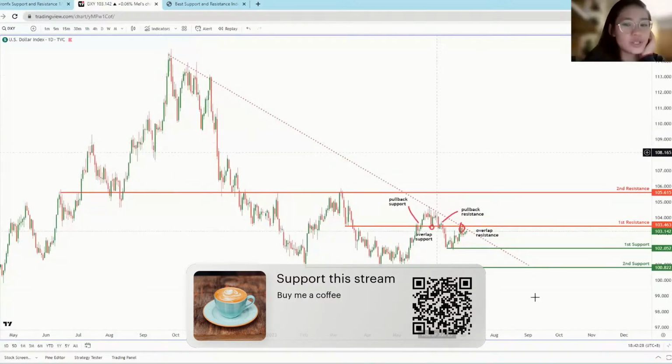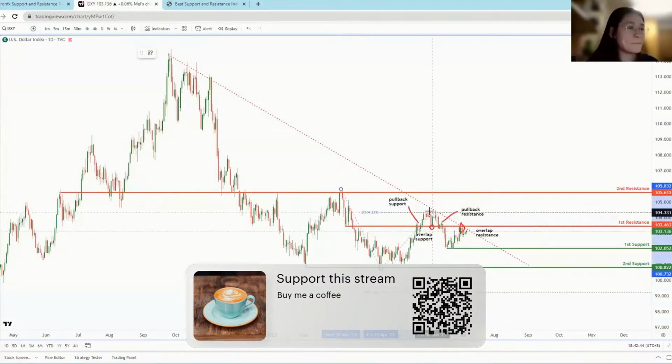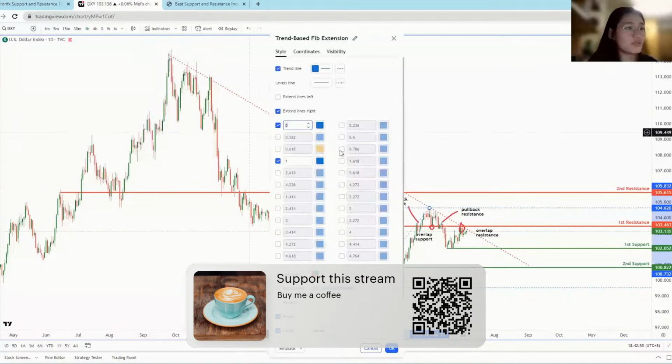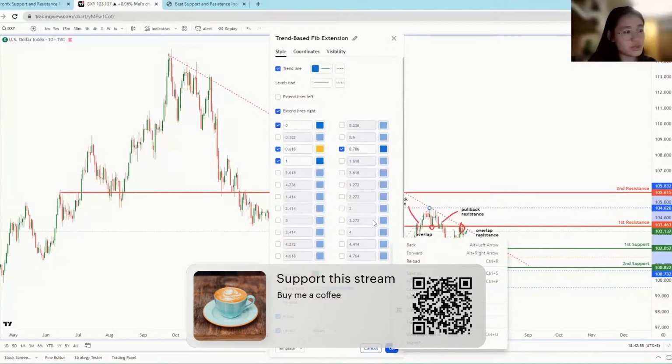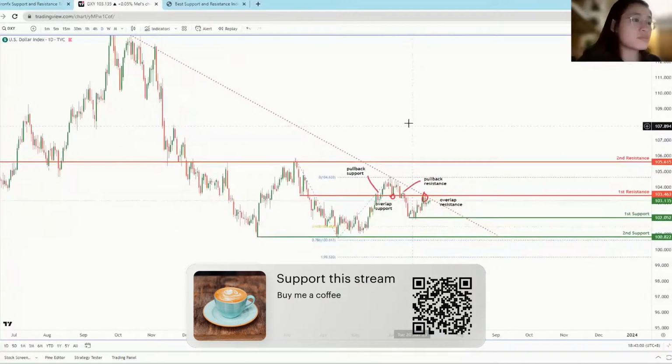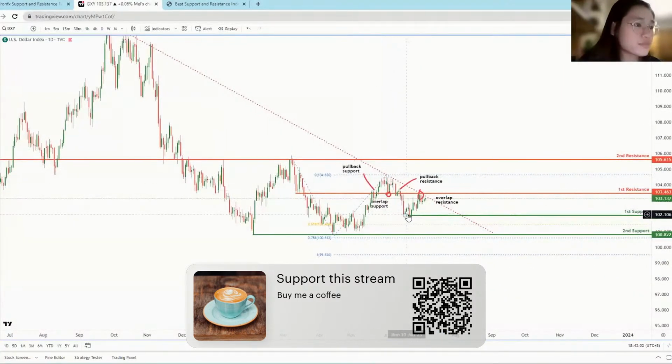But now that we have that, we're going to get into our Fibonacci levels. So I'm looking for a Fibonacci projection. So for a Fibonacci projection, we use these three levels. Okay, and I can see my 78.6 lines up nicely.